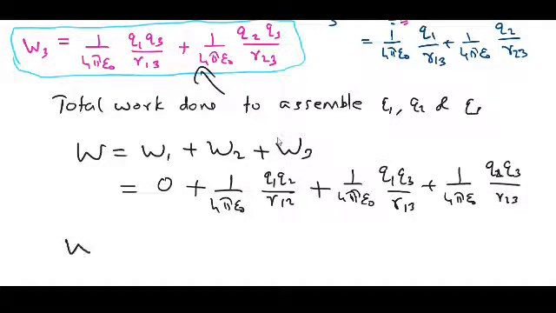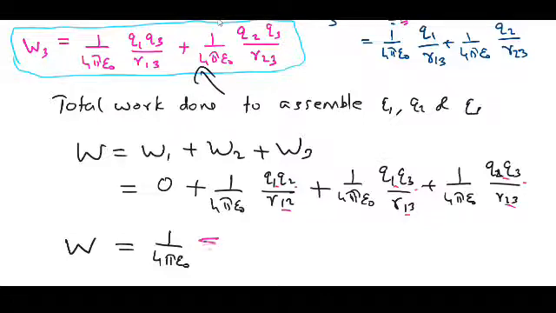I can write from this 1 by 4 pi epsilon 0, I can take outside. Then if you look at the numbers that I have written here, it is R12 here 1 and 2, R13 here 1 and 3, R23 here 2 and 3.